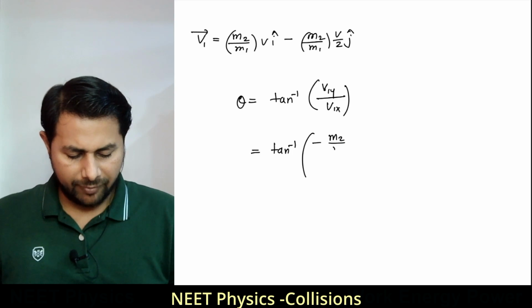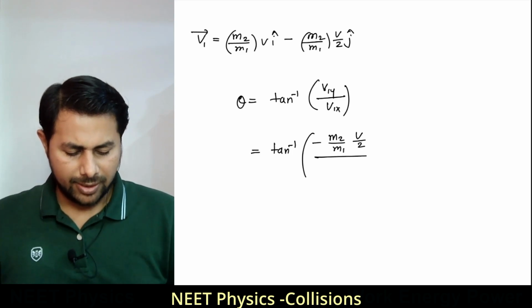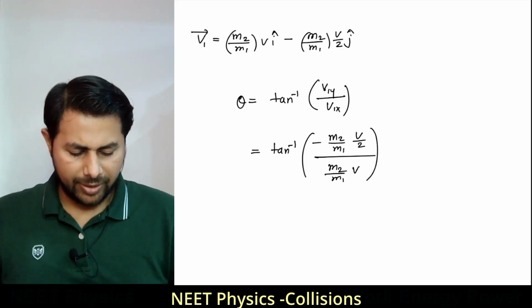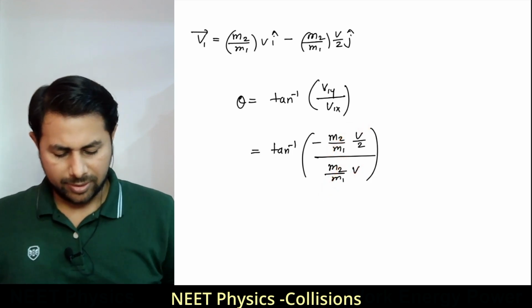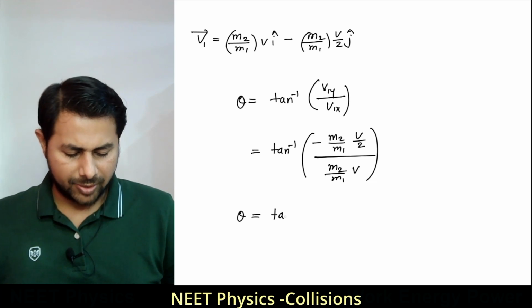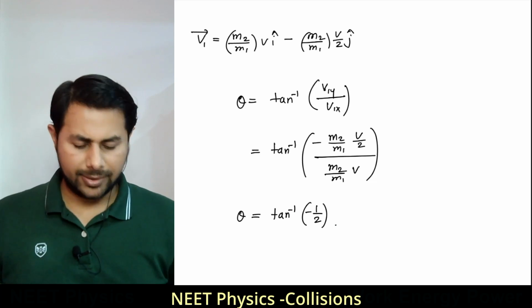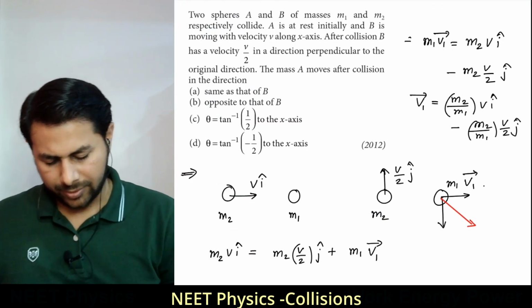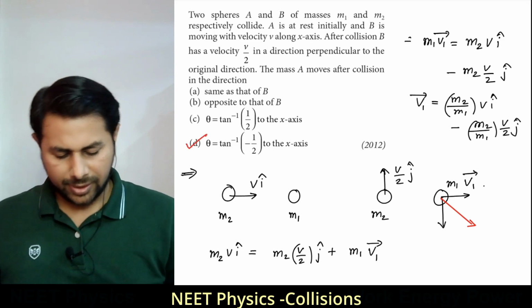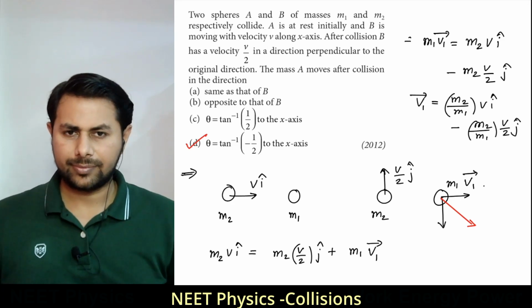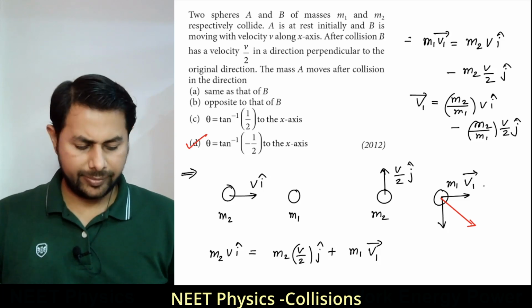Minus m2 by m1 multiplied by v by 2, divided by V1x, which is m2 by m1 multiplied by v. So that m2 by m1 v gets cancelled, and it's minus half. So theta is tan inverse of minus half. This thing is clear? Yes, no? So the answer is theta is tan inverse of minus half to the x-axis. Everyone? Okay?